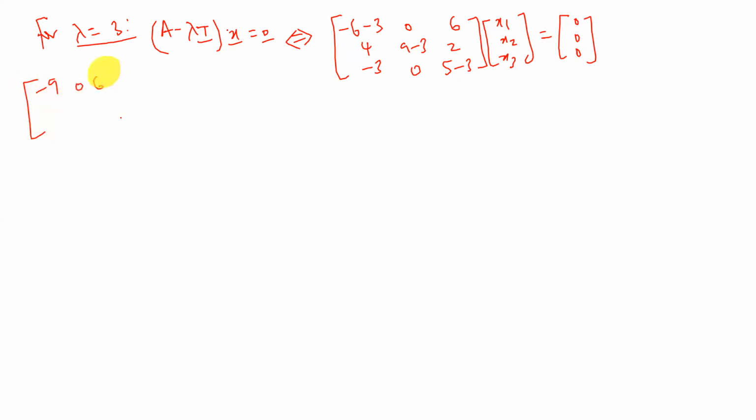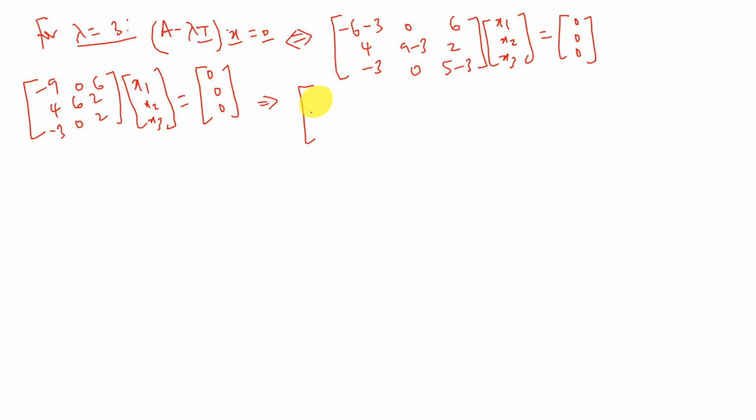And this means we can write the augmented matrix: minus 9, 0, 6, 0.